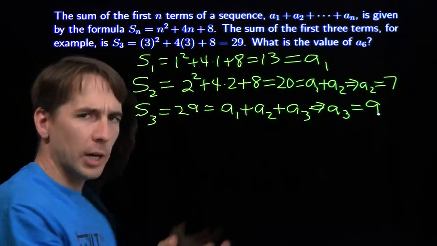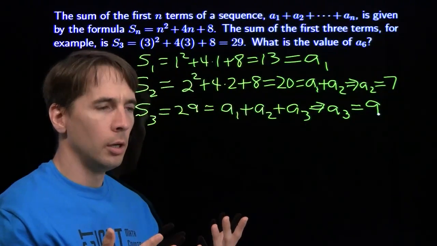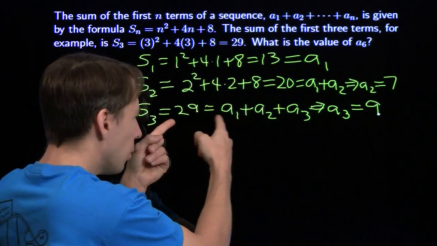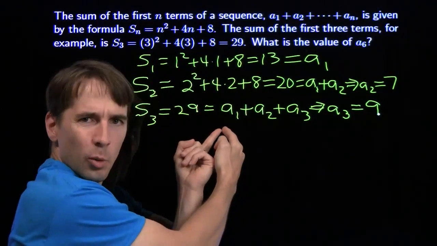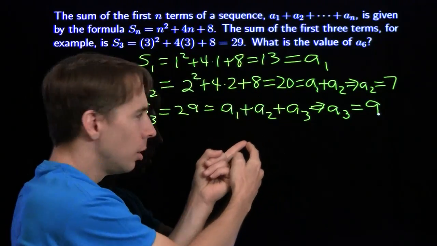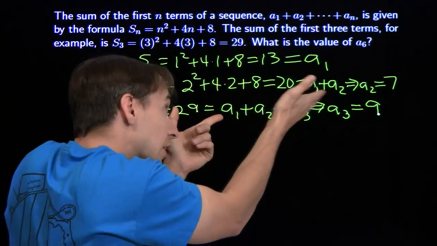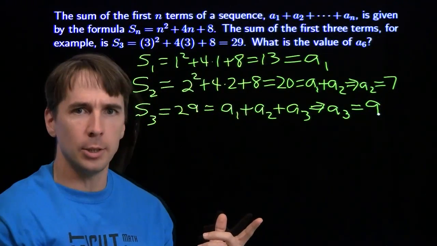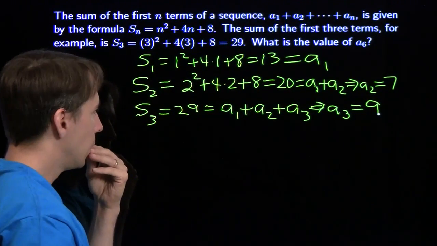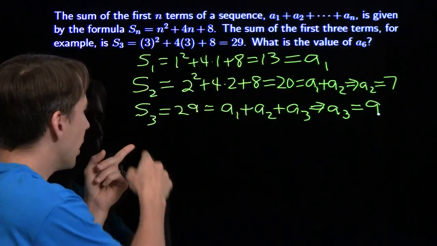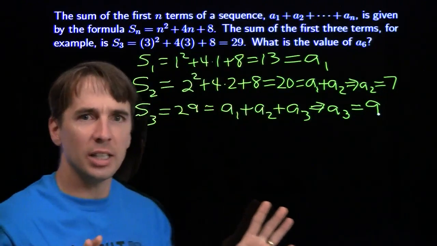Now, I could keep going like this. Put down S4, figure out what A4 is, put down S5. But look what we did right here. We didn't actually have to figure out what A1 and A2 are, because we're given their sum. We just needed A1 plus A2. Ah, I see. If we were going to go on to S4, check this out.